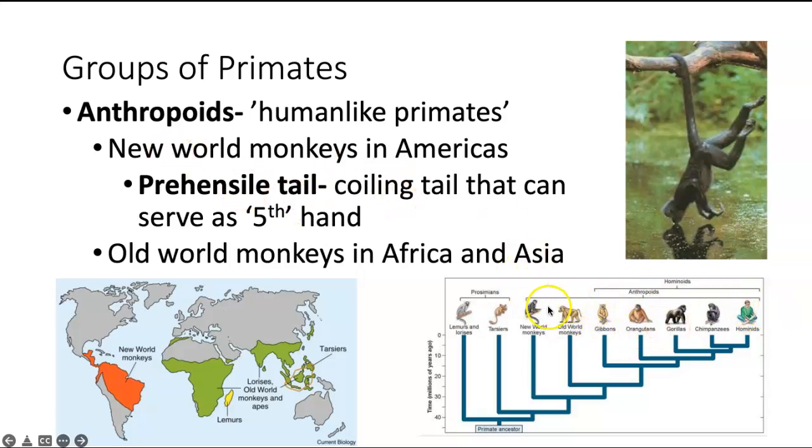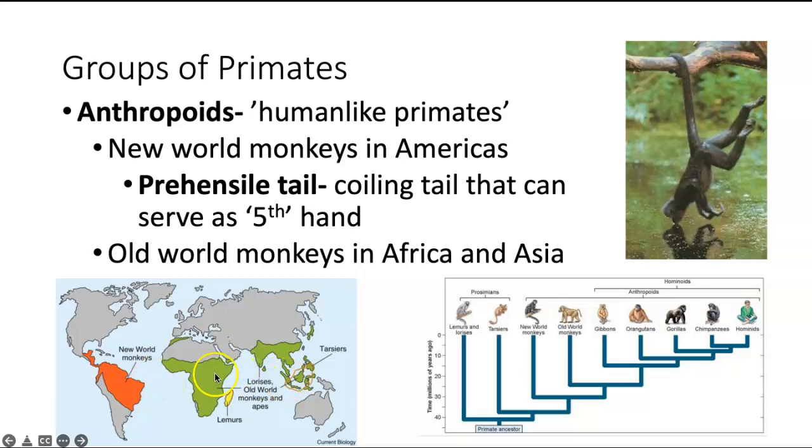New World monkeys are in the Americas, and Old World monkeys are in Africa and Asia. The idea is that the New World is when Christopher Columbus sailed the sea and found the New World, which was the Americas. That's why we call these the New World monkeys and these the Old World monkeys.